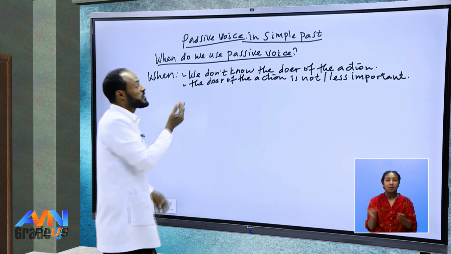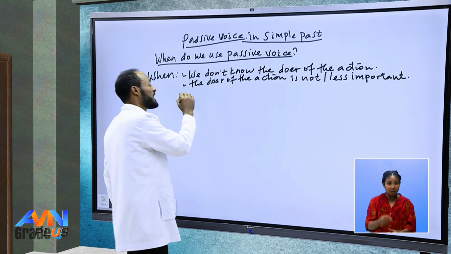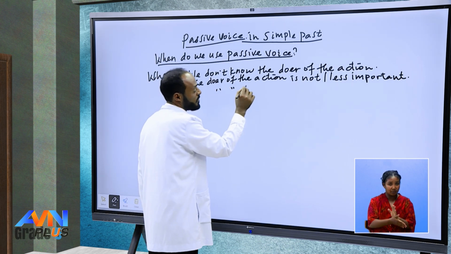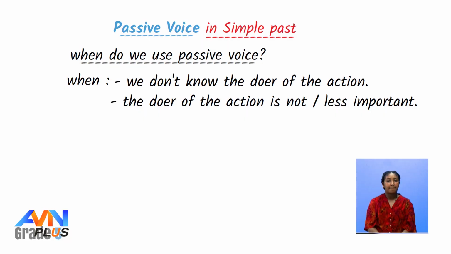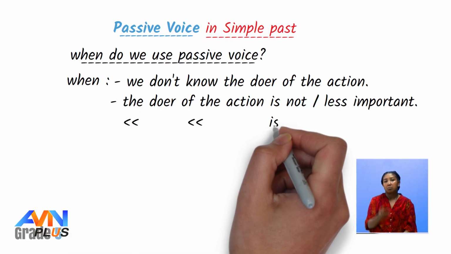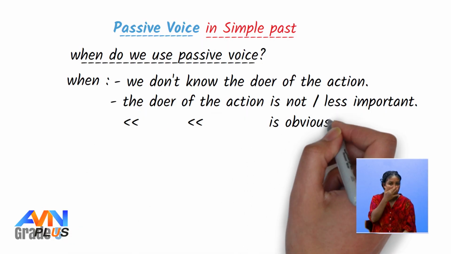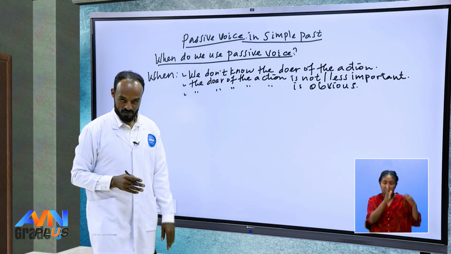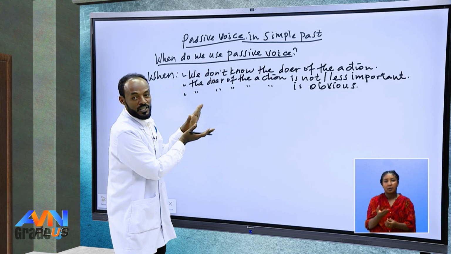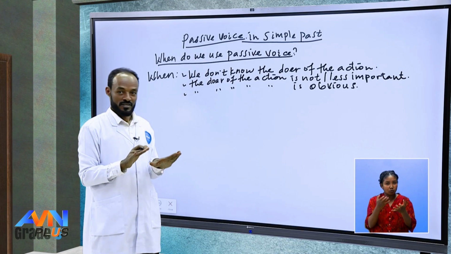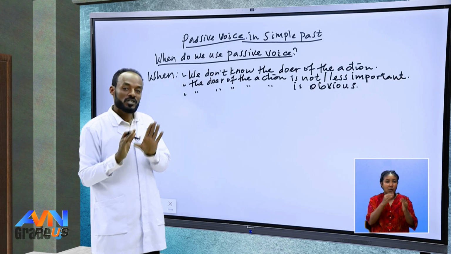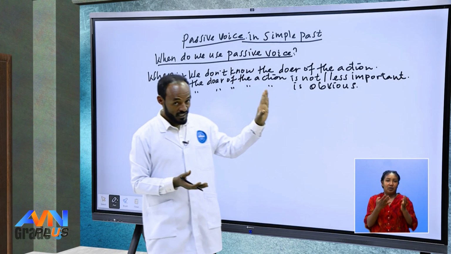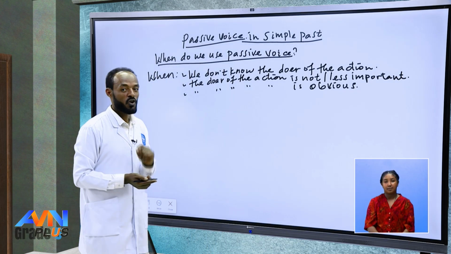And also we can use passive voice when the doer of the action is obvious. Means well known. It's obvious or well known. And if the speaker wants to hide the subject. Is it clear? Bravo, I hope it's clear.